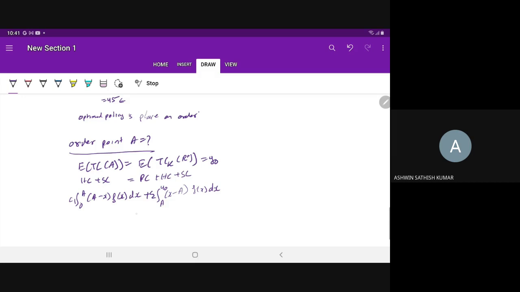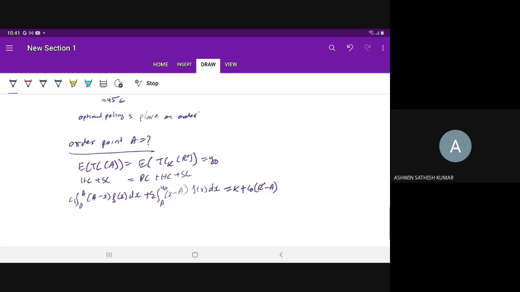And what is the procurement cost? Setup cost plus purchase cost. Purchase cost means C naught into Q, that is R star minus A, that much you have to purchase.